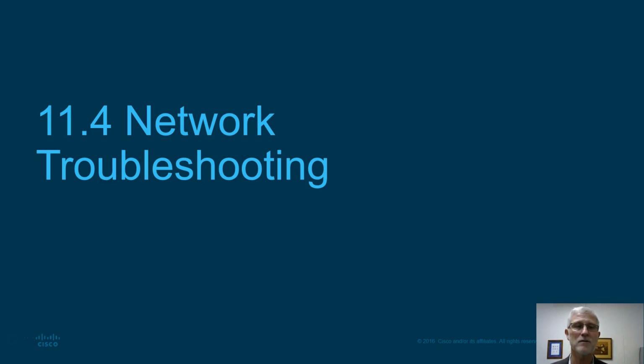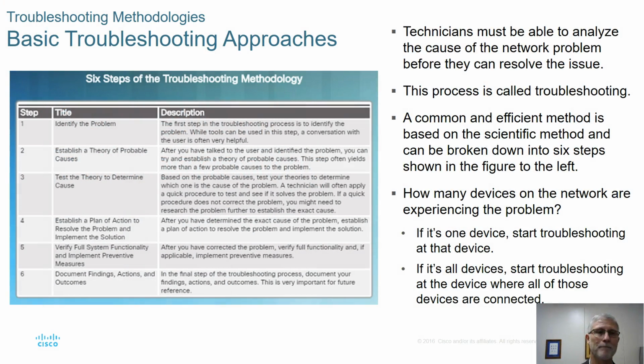So now, how do I use those commands to troubleshoot a network? There are basic troubleshooting techniques. Here's a six-step troubleshooting method. Basically, I have to identify the problem. I have to come up with a theory of what could be causing the problem.